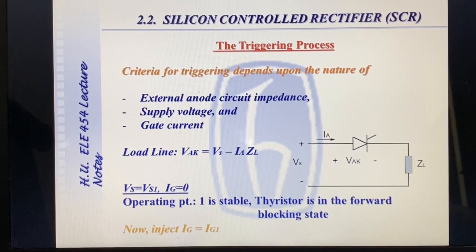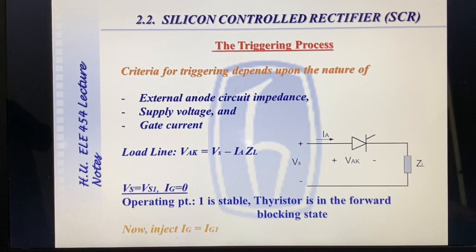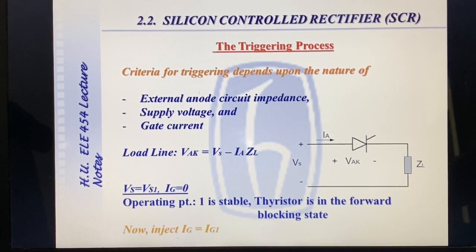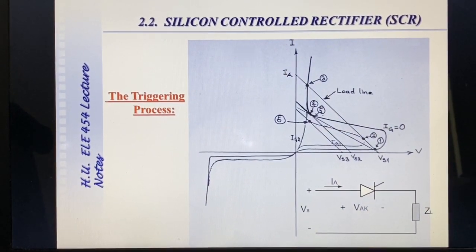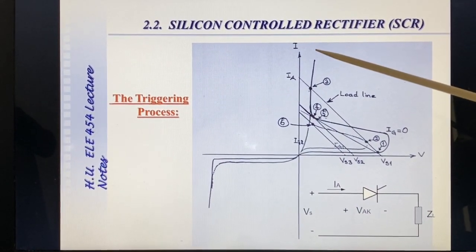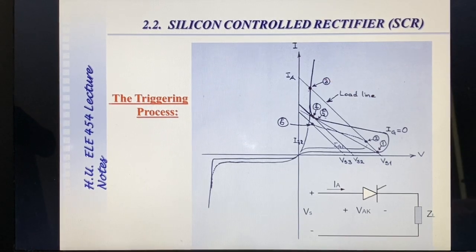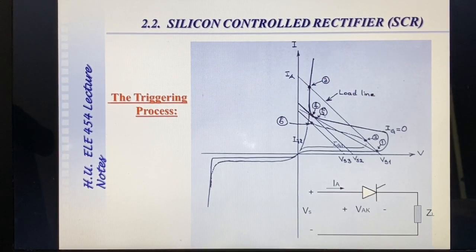What is the operating point 1? Depending upon the applied source voltage, the operating point 1 may be below or above the breakover voltage. So we have to draw the corresponding characteristic of the thyristor. The silicon controlled rectifier is the specific device we are talking about, while thyristor is the general name given to a family of devices.